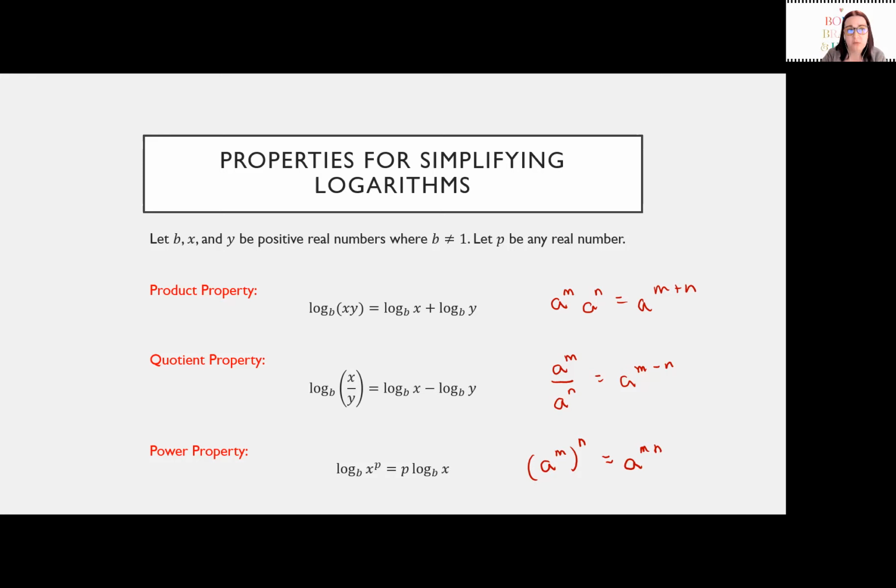And back before calculators existed, these are the rules that people would have to use in order to find a logarithm of a number. So logarithms were invented, I believe, in the 1700s by Napier. I don't remember his first name, but he's French. He basically invented the logarithm, and no calculators back then. So what they would do is literally have a book of the values of various logarithms for different bases.